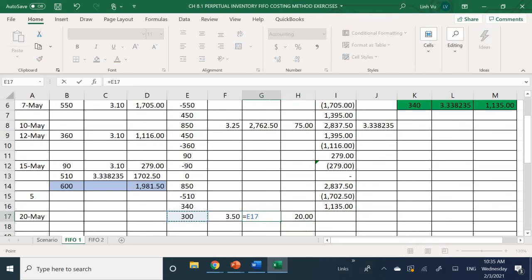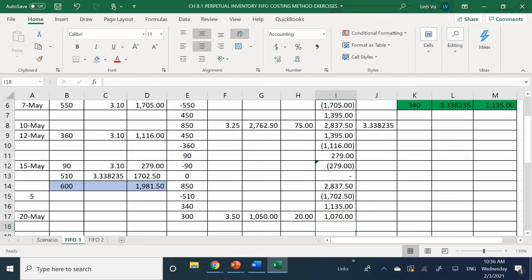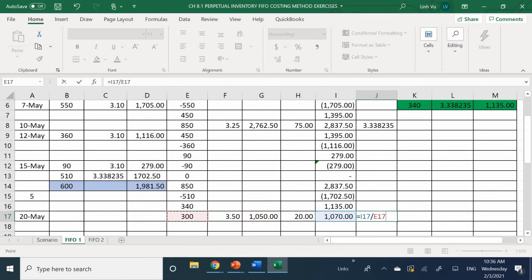So what is my total purchase price here? 1,050. 1,050 plus my freight gives me a total cost of 1,070, bringing my total cost per item to 3.5666. Again, I'm going to show that it's there.